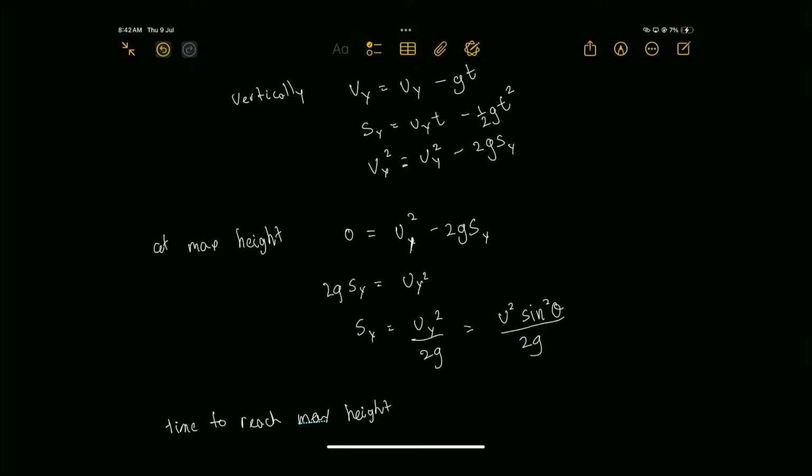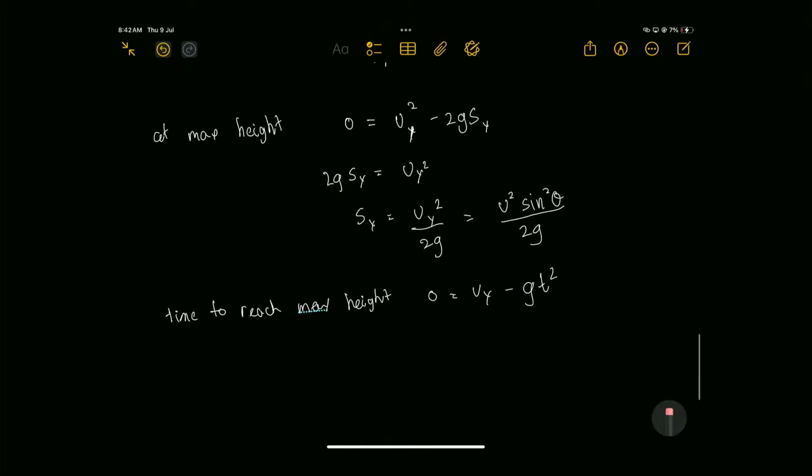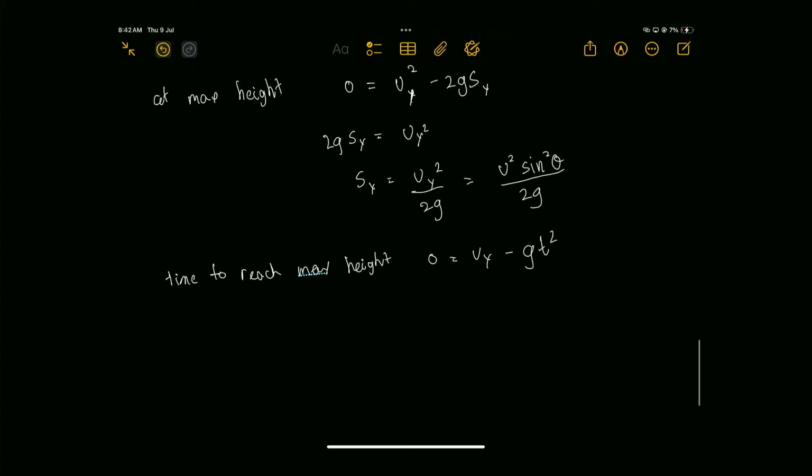Now at the maximum position, the vertical component of the velocity is equal to 0. So Vy would be equal to 0. So in this case, we would have 0 is equal to Uy minus gt, right? So therefore, Uy is equal to gt.